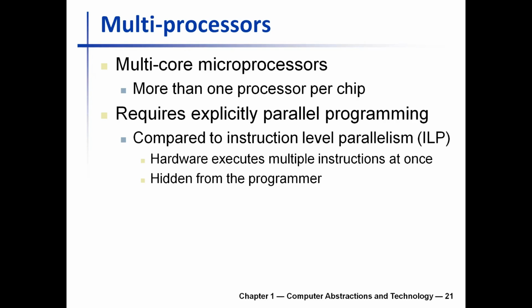When your C program is compiled into an assembly sequence, it's a sequence of instructions. The processor will fetch one instruction and execute it, then fetch the next instruction and execute it, sequentially, one after the other. So there are techniques where we can bring multiple instructions into the CPU at the same time and try to execute them.